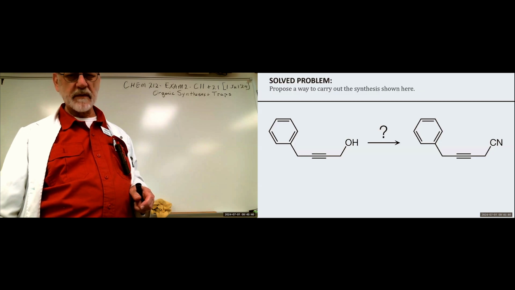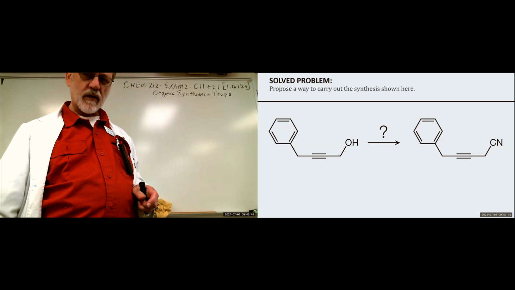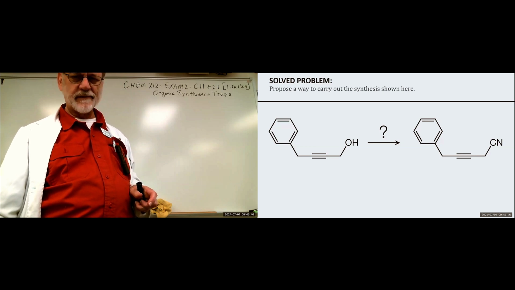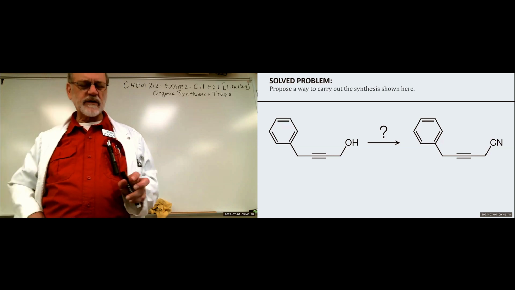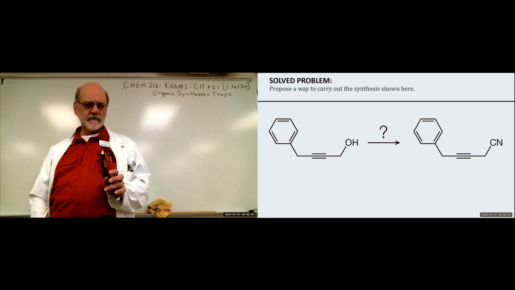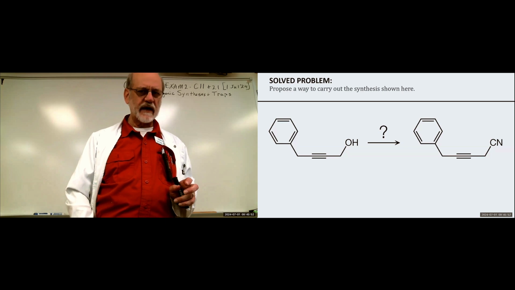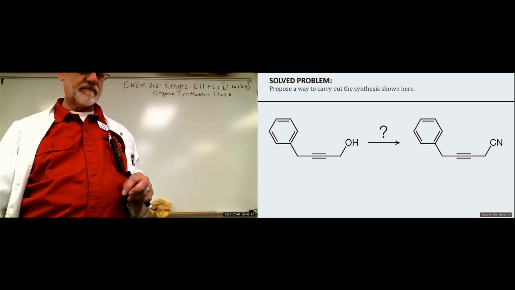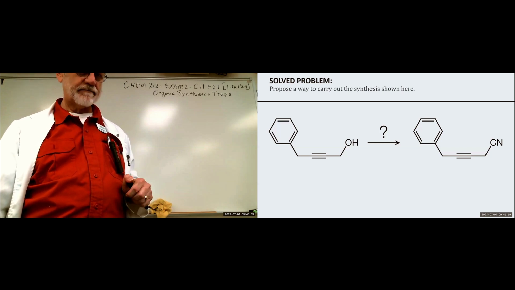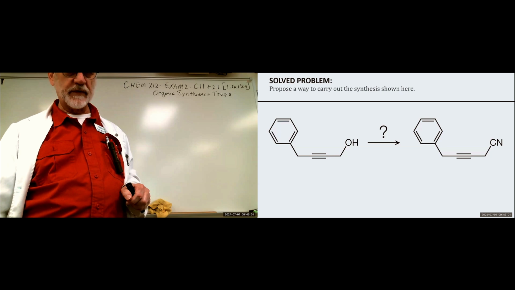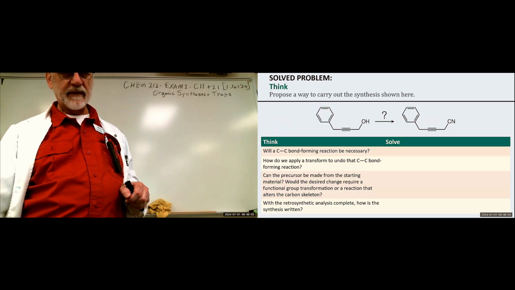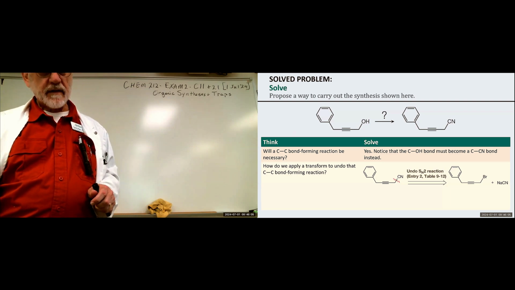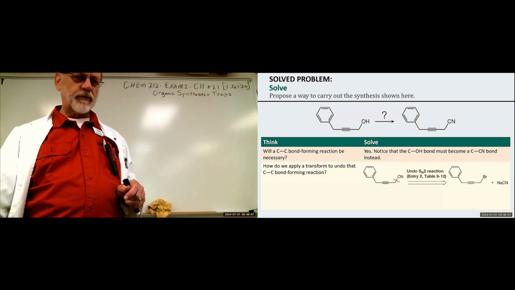Okay, what if we want to go from this alcohol to this cyanide? It looks to me like we're going to replace that hydroxyl with a cyanide. It's going to be a nucleophilic substitution of some kind. So will a carbon-carbon bond form?